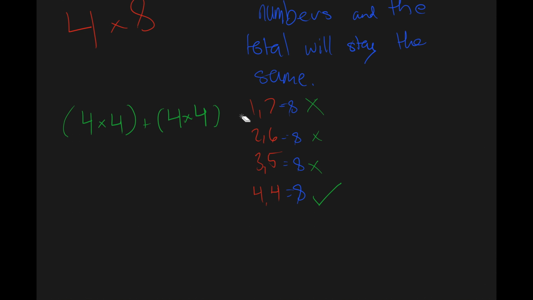So I'm going to write that equals something a little closer. But 4 times 4, we know this is 16. And this is 16, right? Carry that down. We have 16 plus 16. And of course, we all know how to do addition, right? We group, and we have 32. So our answer here is 32.